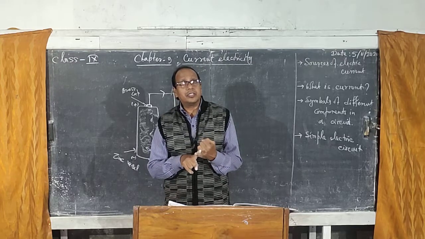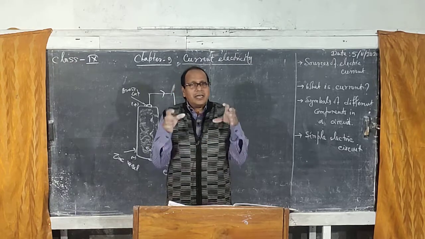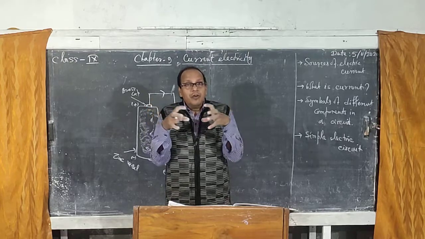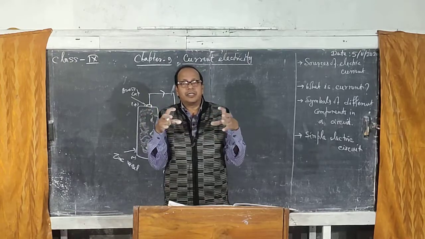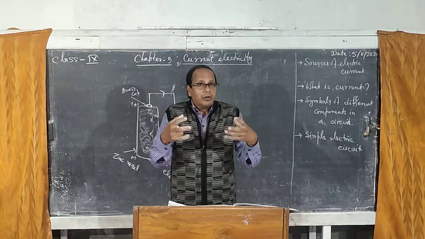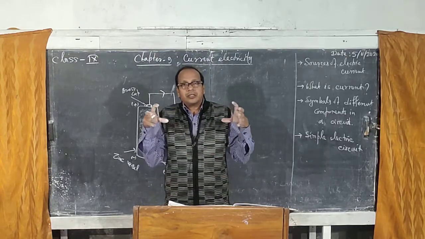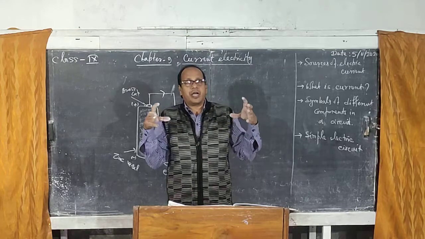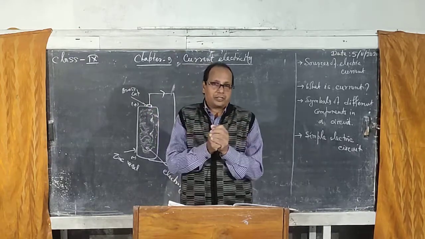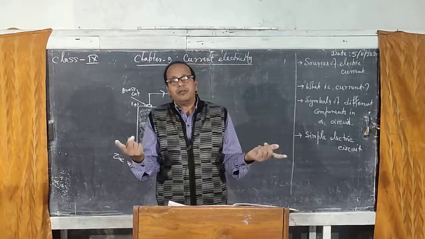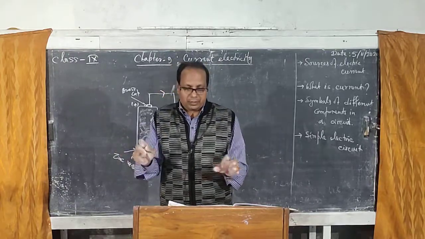Why is it called an accumulator? Because a secondary cell accumulates the charge while we do charging. So during charging it accumulates charge, and that charge starts flowing while we use it.